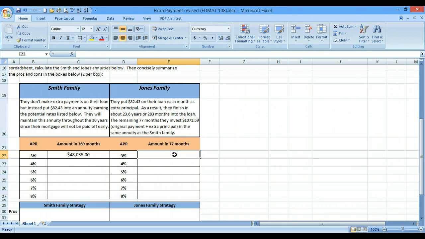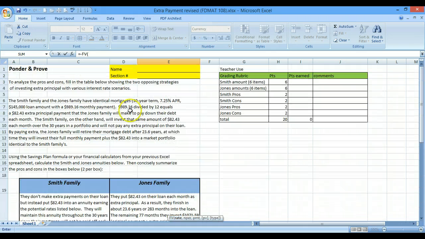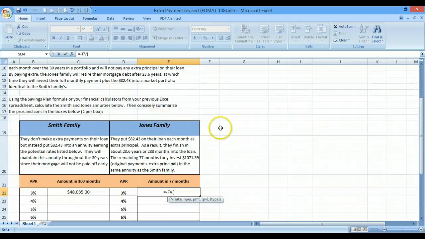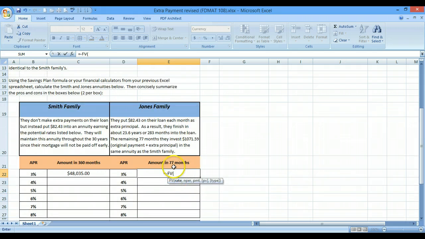The Jones family will be the same formula, except that I will be using a different payment because they invest $82 and their $989, which gives us a total of $1,071 that they can invest for 77 months. Again, don't forget to cell reference the APR, and this is monthly payments. And in this case, we have 77 periods.